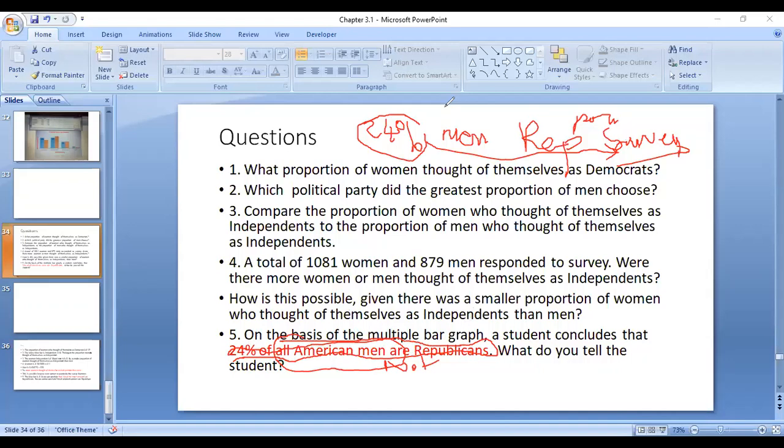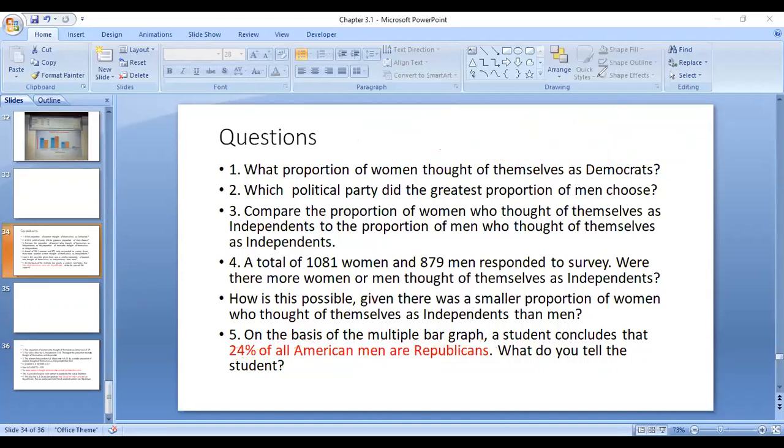Because in the survey, we have only the number 879, and it is 24% of this one, not 24% of all Americans, right? So it is 24% of the 879 in the survey, not 24% of all American men are Republican. That is the difference.